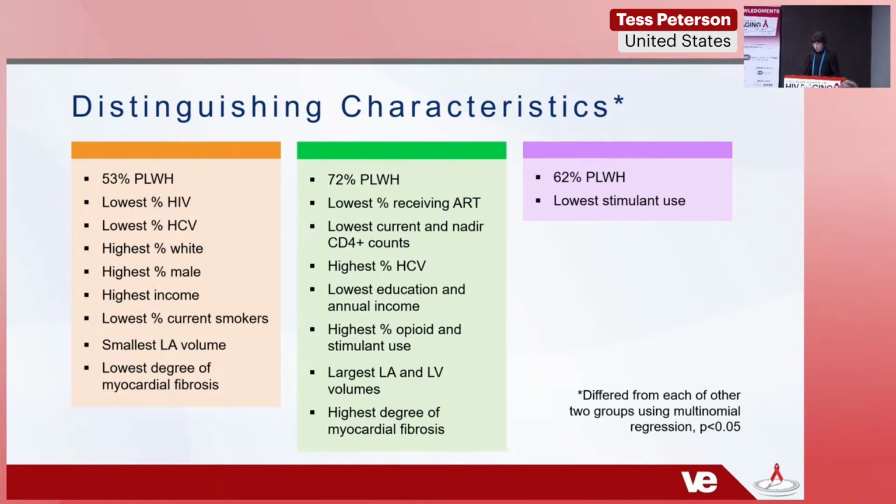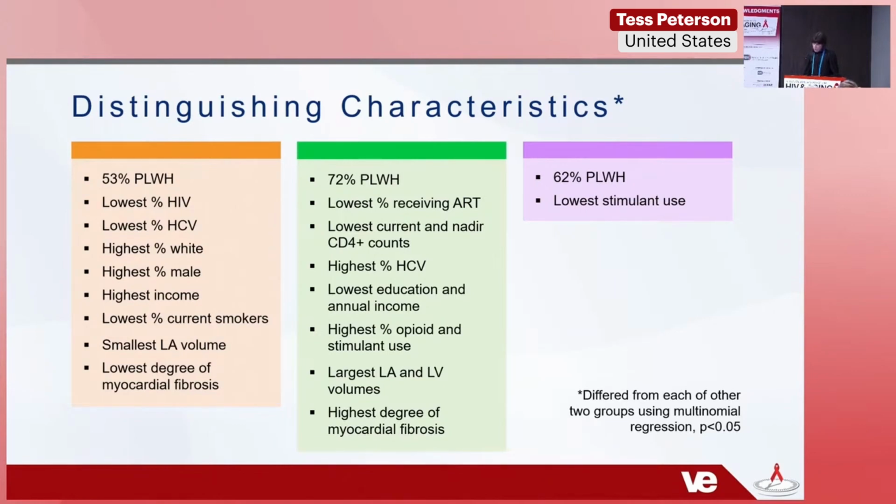This orange cluster has the lowest prevalence of HIV and Hep C, is more socioeconomically advantaged, has the lowest prevalence of current smoking, and also has the lowest values of 2 important subclinical myocardial disease markers, left atrial volume and myocardial fibrosis. These markers have differed by serostatus in several studies across world regions, so they are pretty important.